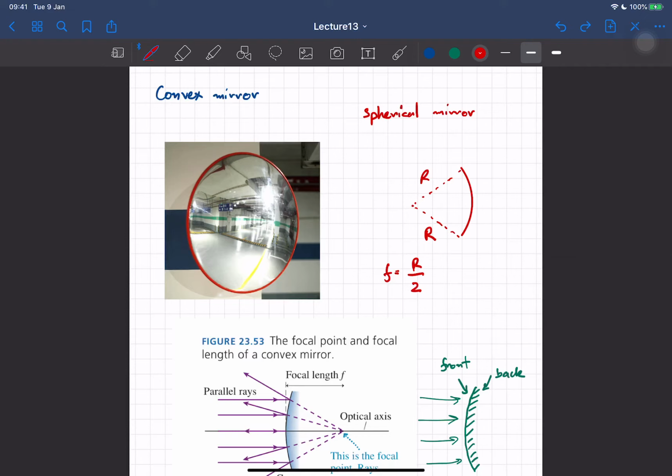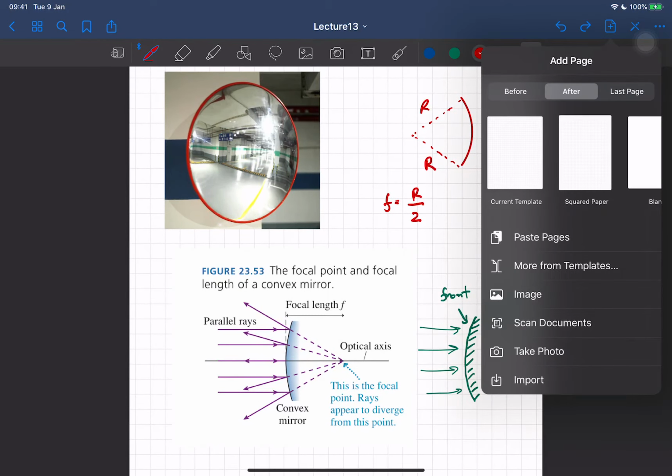For example, a problem says, consider a convex mirror where the radius of curvature is 40 centimeters. You know right away that the focal length is half of that, so it's just one more step to get the f value. And then you're going to use the f value to solve for anything you want using the lens equation. We're going to talk about that soon.